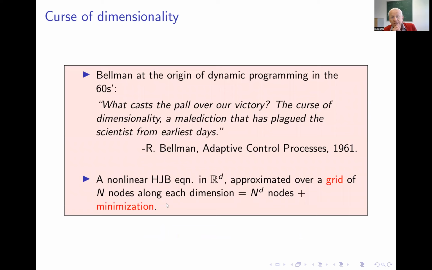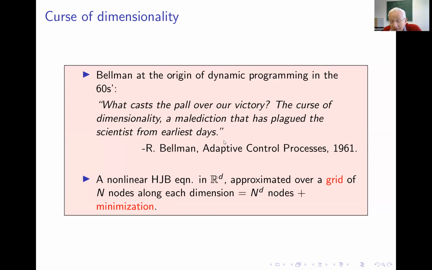I want to stress that behind that is the curse of dimensionality, already mentioned in '61 by Richard Bellman. The curse of dimensionality, a malediction that has plagued scientists from the early days. So this has been around for a long time.